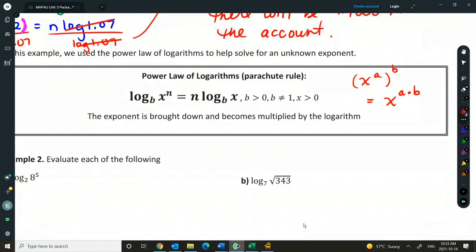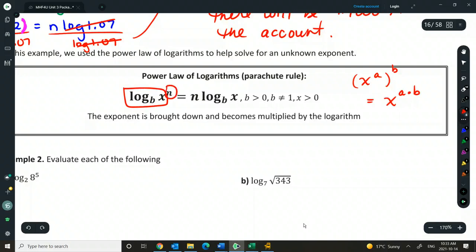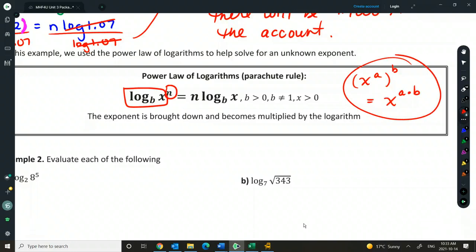Logarithms give me out the answer that is an exponent. Okay, so if this is an exponent, and when I look at the exponential version of this, I keep the base and multiply the exponents. If the logarithm is an exponent, and I have an exponent on an exponent, it makes sense that we can write this as a multiple, right?